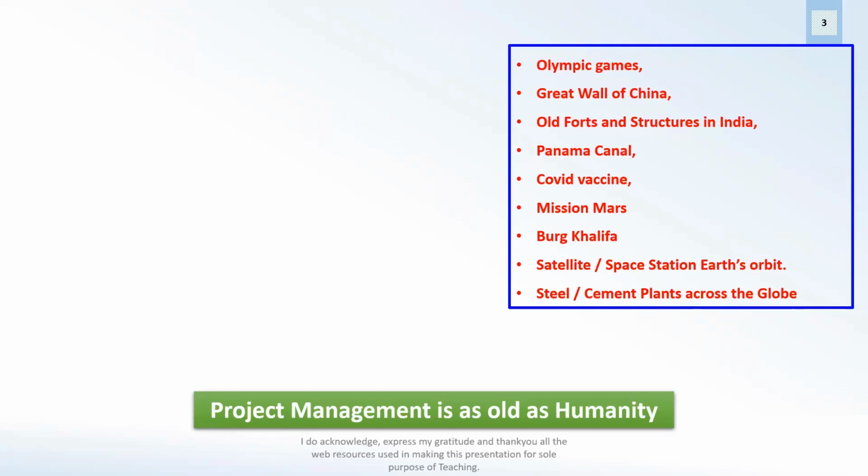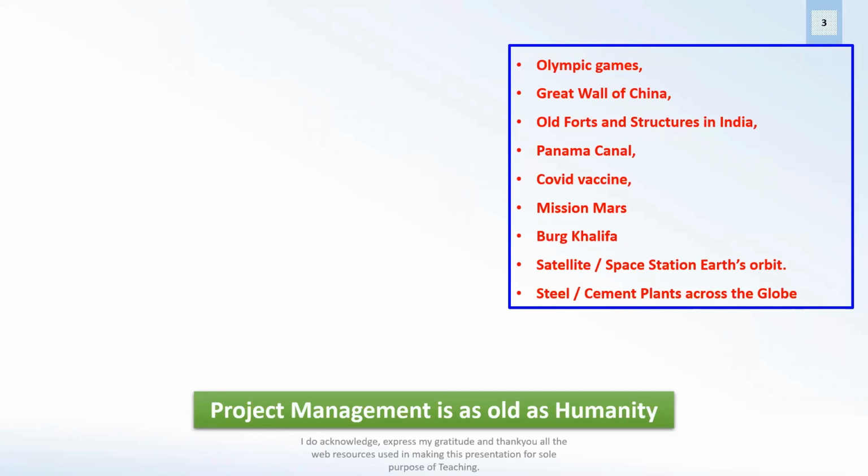Mission Mars, reaching Mars, making Burj Khalifa, making steel plants, cement plants, satellite space stations. All these things are done with an objective to have something real on the ground in given time and given money and in a given scope or quality we want.